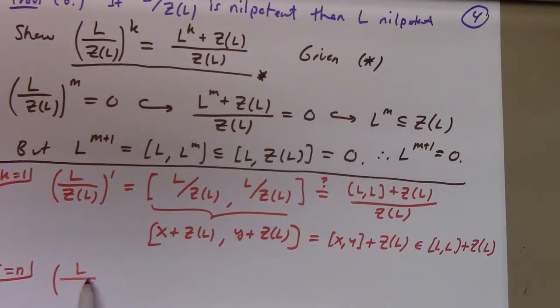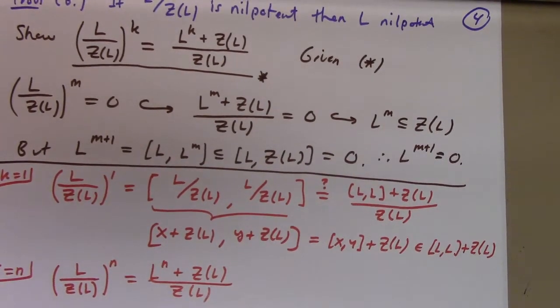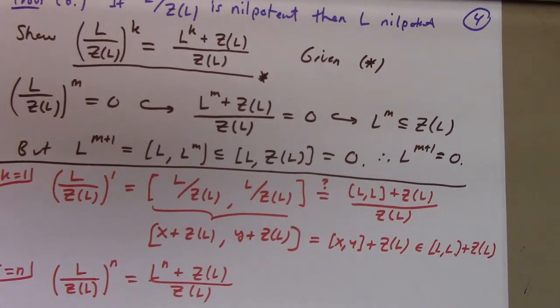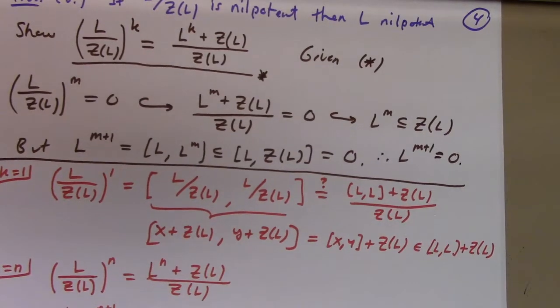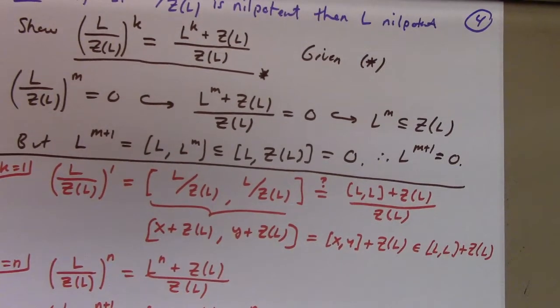So we have L mod... So let's suppose that this is true, and then consider... so that would be the bracket of L with... except that it wouldn't be that, would it? Mods, yeah. Okay.